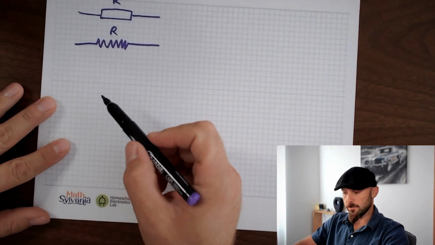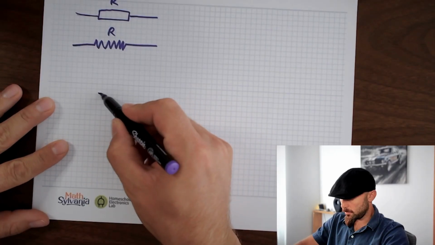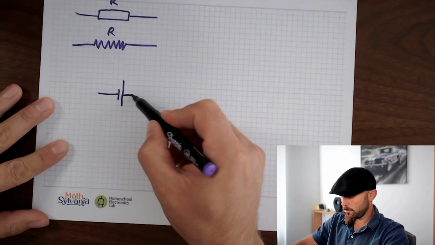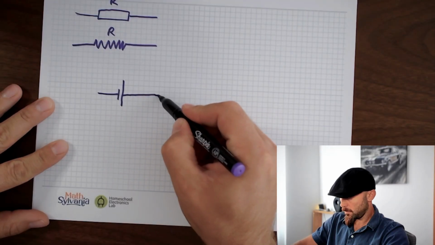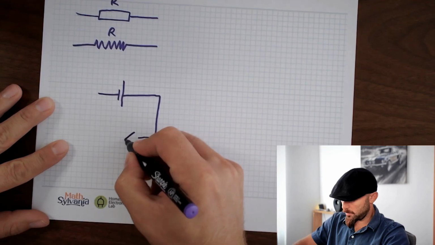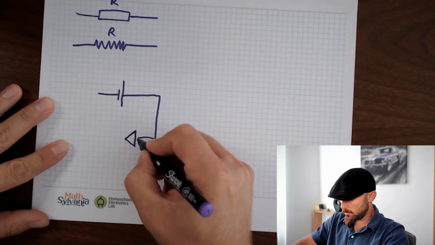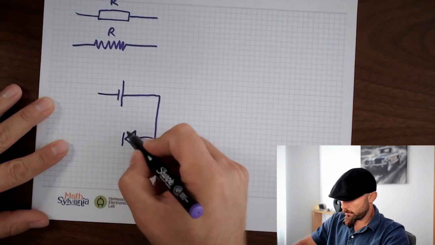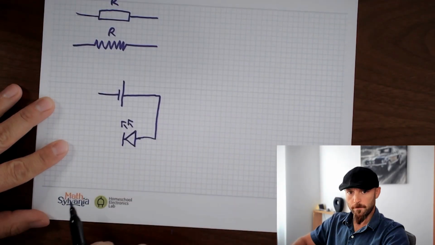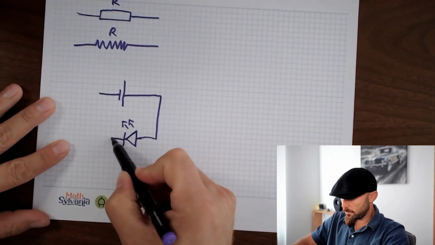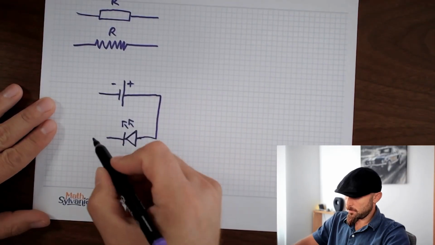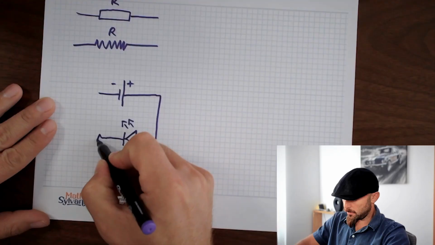Now let's put that in a circuit. We're going to start with the battery. And if you remember, the symbol for the LED was this. But instead of connecting it back to the negative terminal, we're going to put a resistor in here.